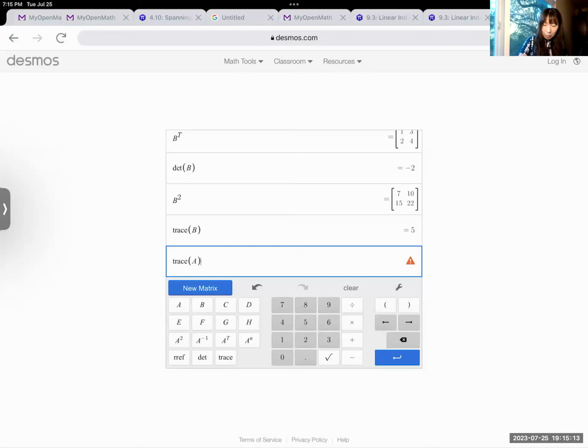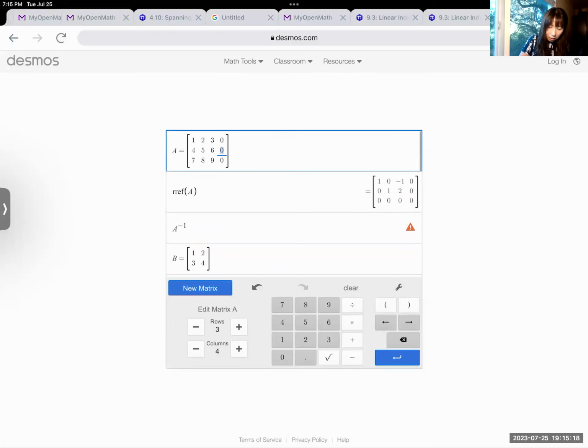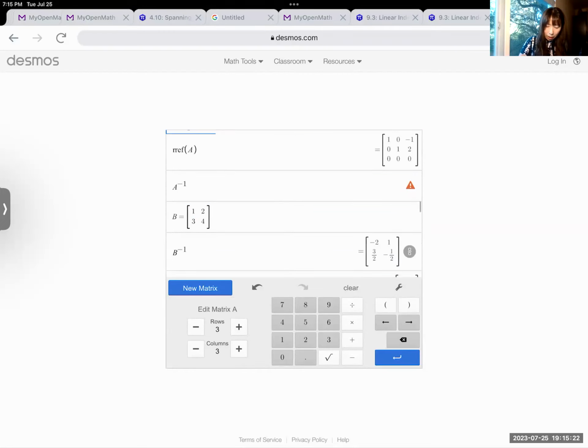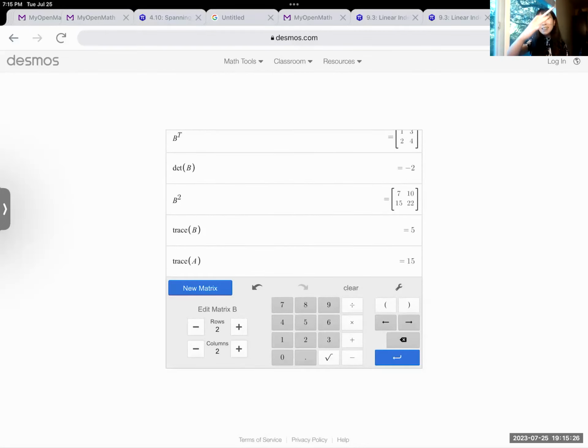So yeah, maybe we can use add. Yeah. So wait, what's trace again? Trace means we add the numbers diagonally. That's the trace. But we never learned that, right? So you don't have to, yeah, you don't have to. So that is the one.